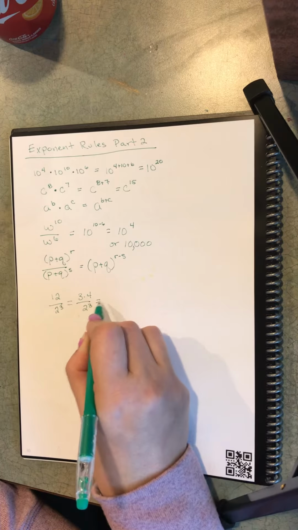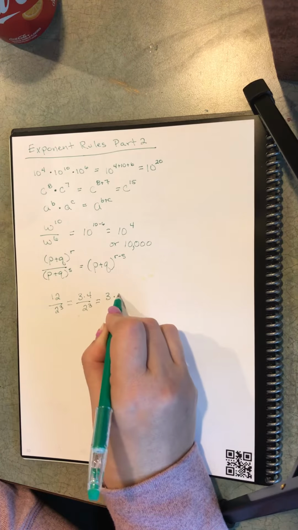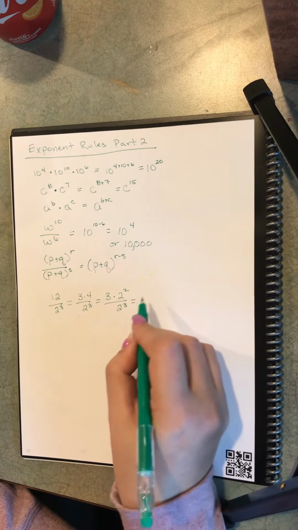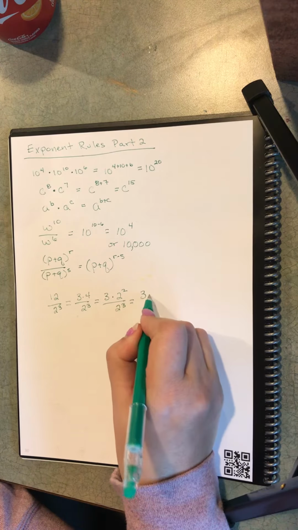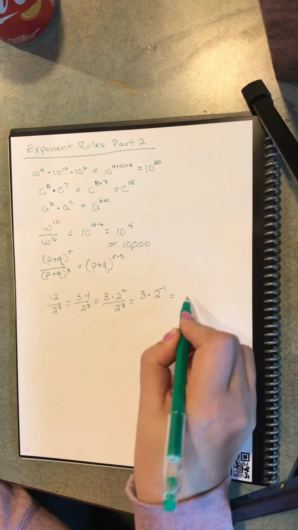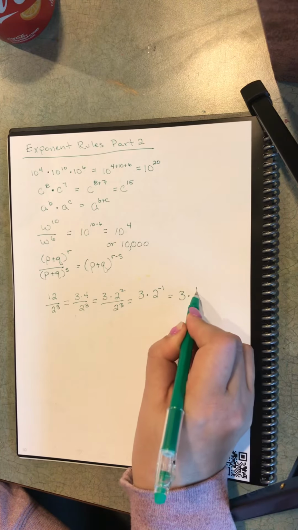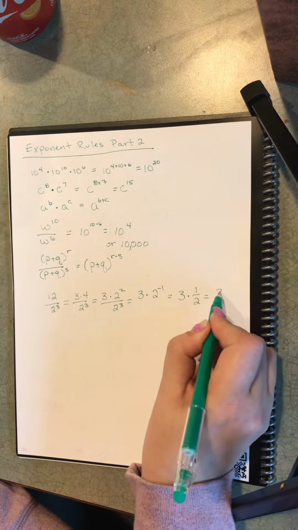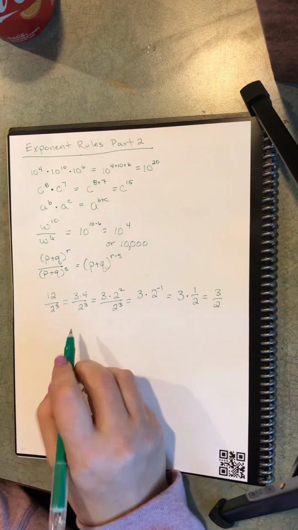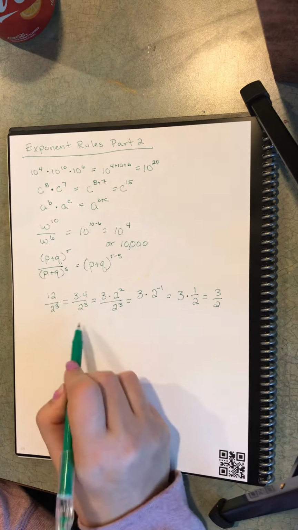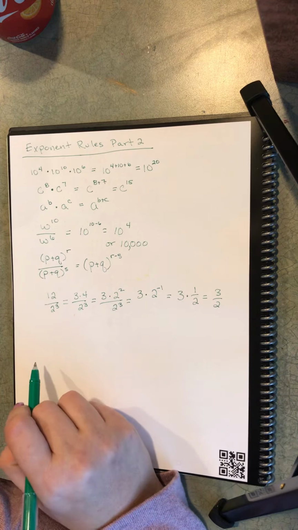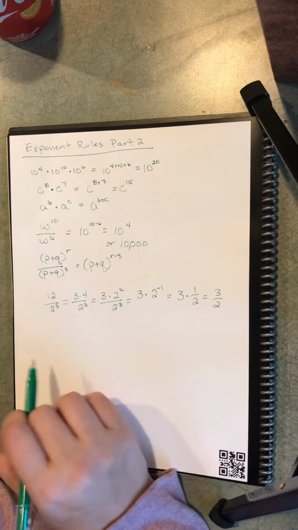Well, 2 squared is 4, so this is 3 times 2 squared over 2 to the 3rd. So then we have 3 times 2 to the negative 1, or 3 times 1 over 2, which gets us 3 halves. If you see how that works. So sometimes your exponents are hidden, but you could still use these properties, although honestly it's probably easier to just simplify fractions, but it still works.